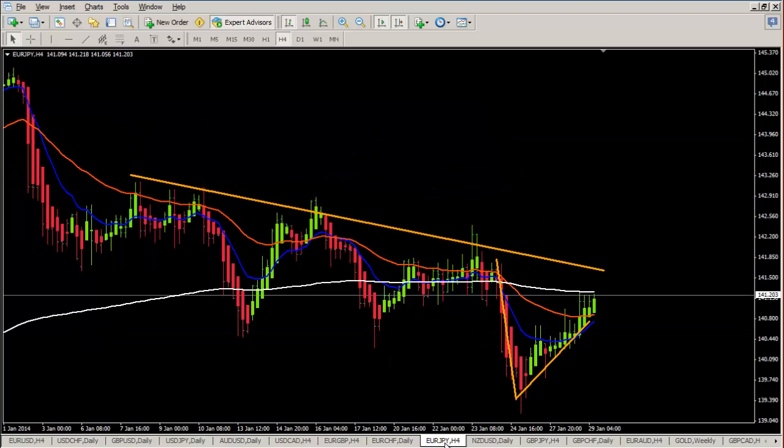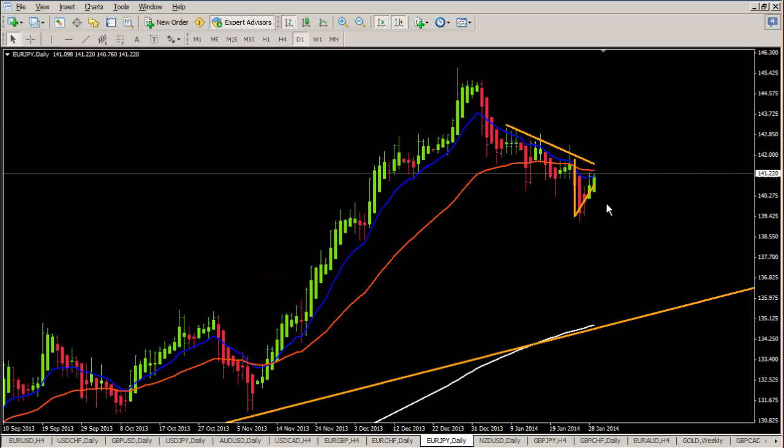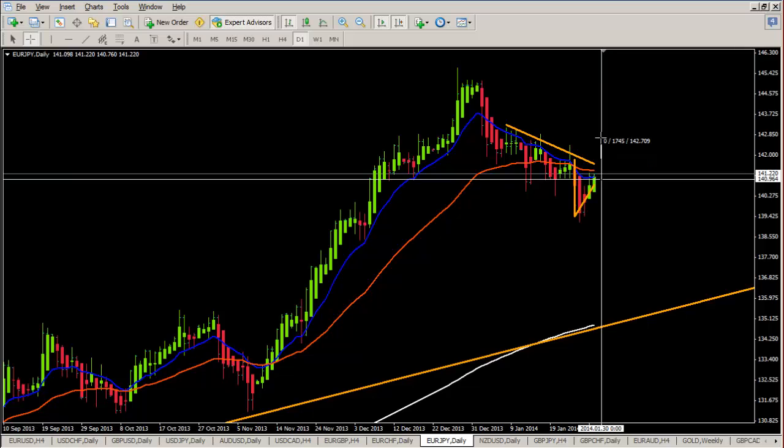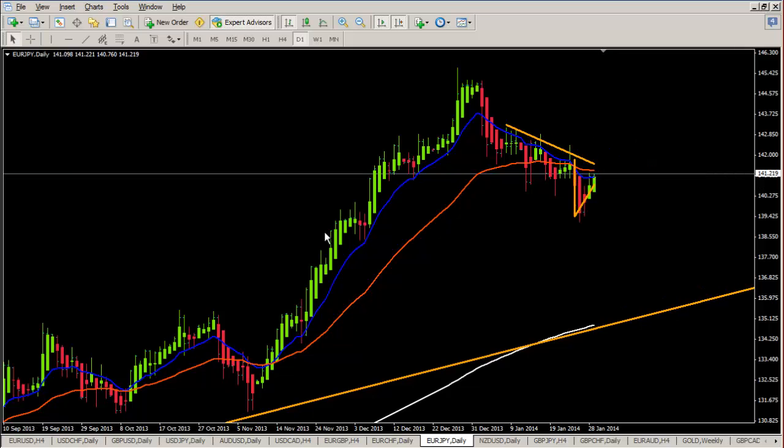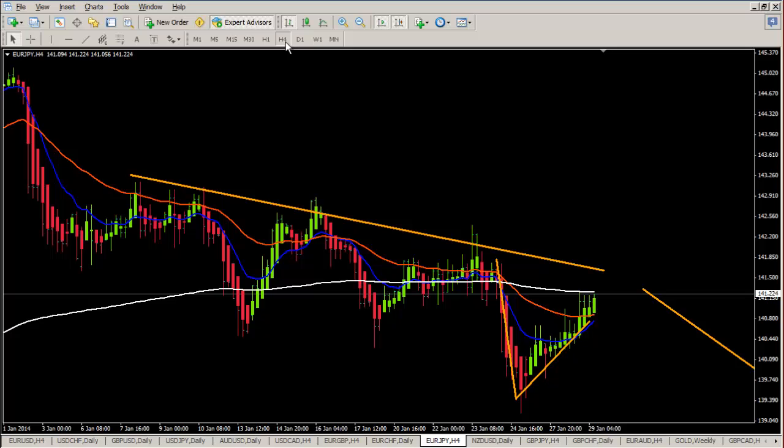Euro yen, same scenario. We waited for the 4-hourly 1, 2, 3, didn't happen. It's still going up. We have resistance there. It's sitting between support and resistance now. So we need to see a clean break up, and that would continue the main trend. Ideally a bounce and a move lower, and we can look for shorts, but not before we see a clean break here. It can still do that, right?